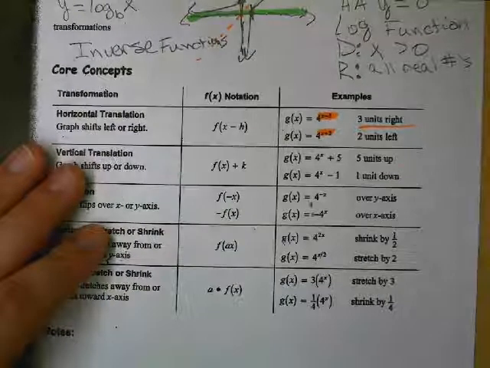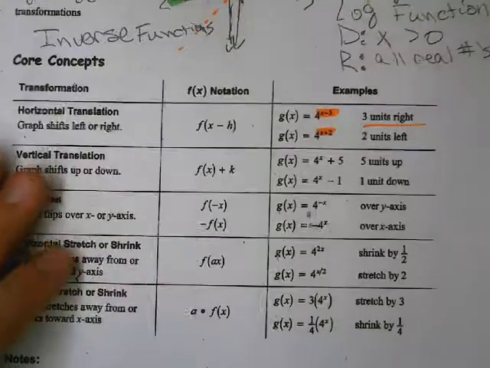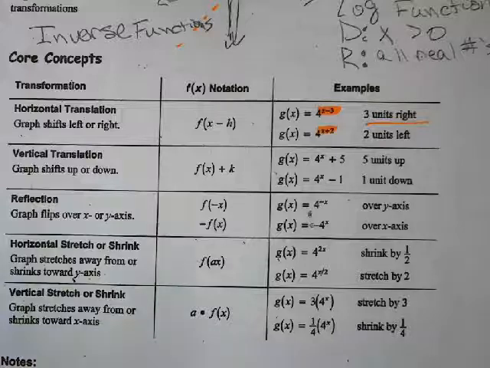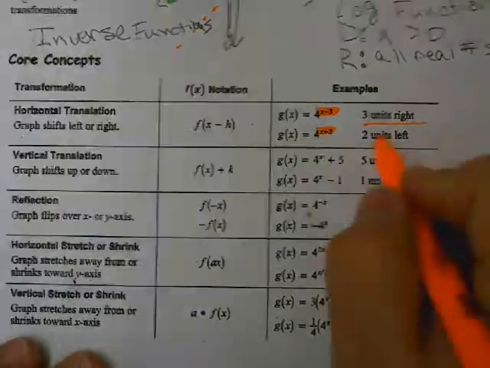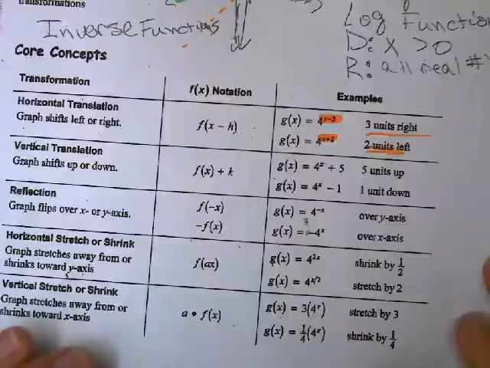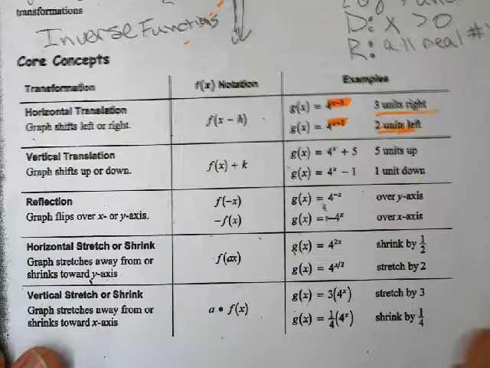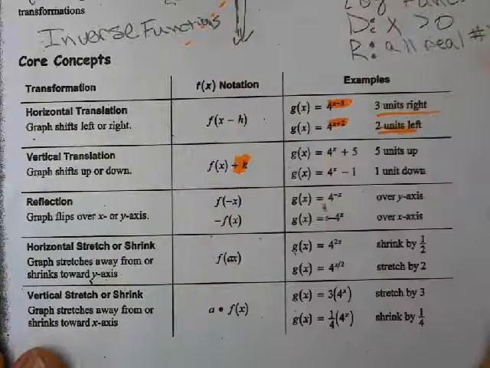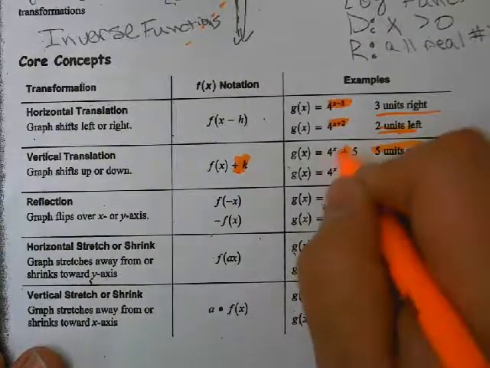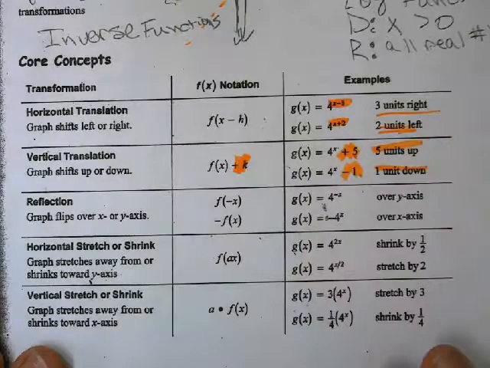Remember how we talked about it in our other chapters, like 4 to the x minus 3. That's just going to be 3 units to the right. As long as it's contained with the x, it's going to be a horizontal shift in some way, and it's always going to be the opposite of the way you think it's going to go. This plus k at the end is going to make it go up or down. That's how it shows you.